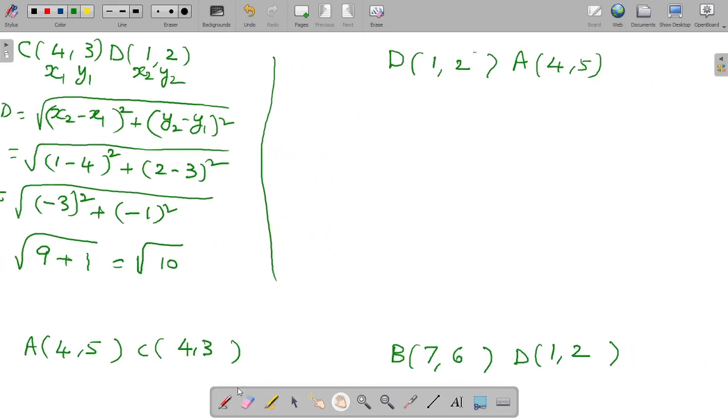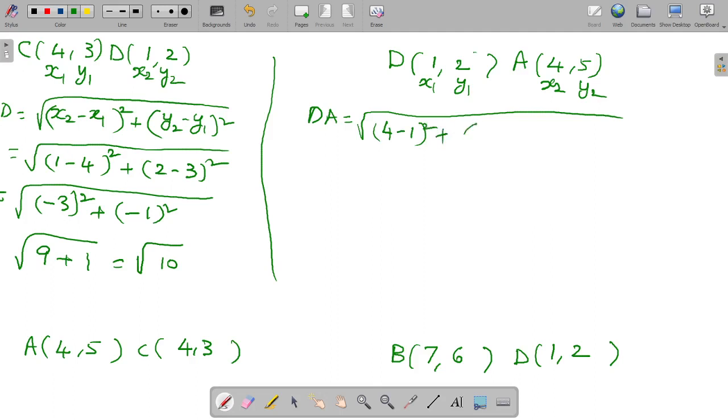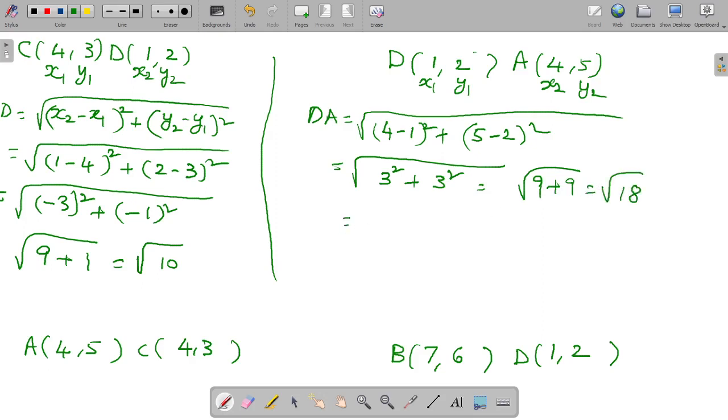Now DA: the distance between D and A is (4 minus 1) whole square plus (5 minus 2) whole square, which is 3 square plus 3 square, the square root of 9 plus 9, the square root of 18, equal to 3 root 2 units.